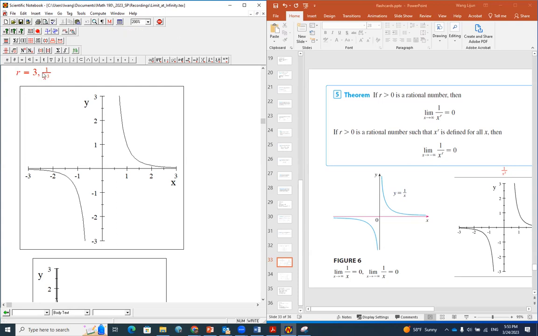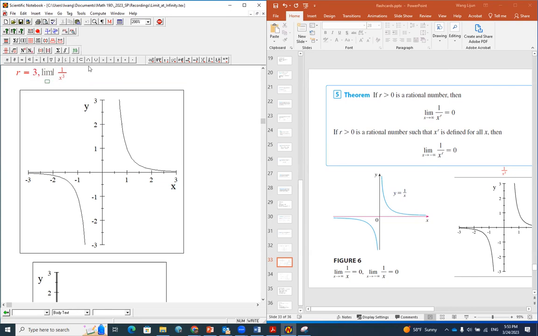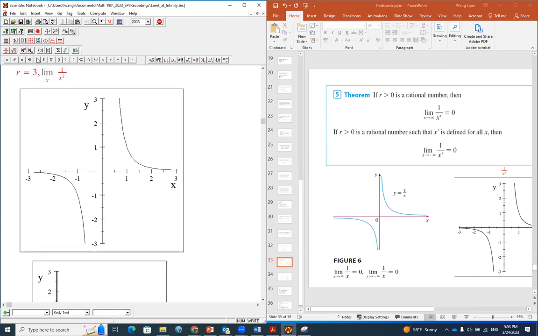When r is 3, the limit as x approaches positive infinity, of course, is going to be 0. But if x approaches negative infinity, it is also going to be approaching 0, but it is on this piece, on this end.